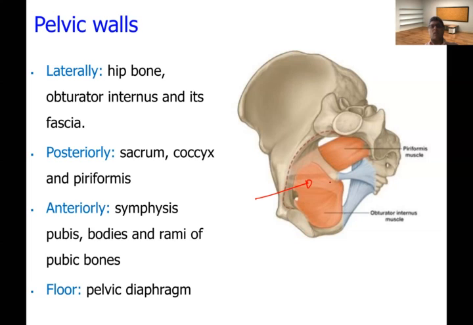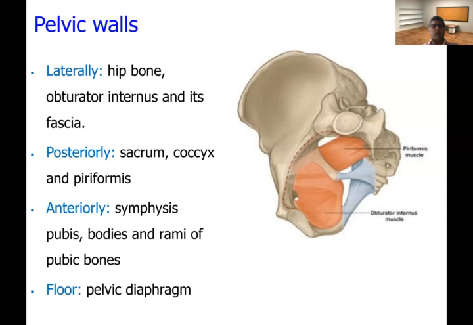Then the posterior wall is formed by the sacrum, the coccyx, and the piriformis muscle and the fascia covering the piriformis muscle. So that's what I said: it's posterior or posterolateral rather than just posterior, but the textbooks typically describe it as the posterior wall.